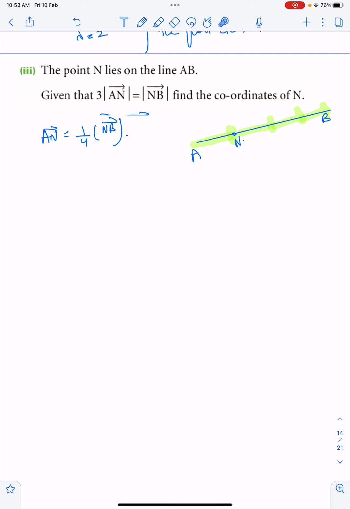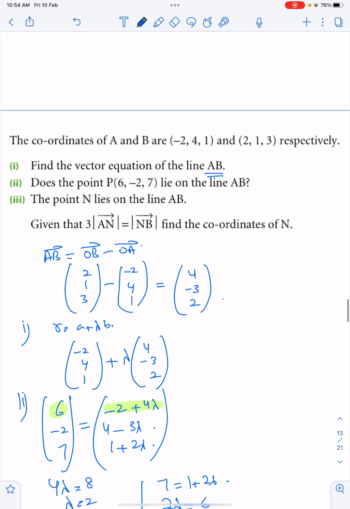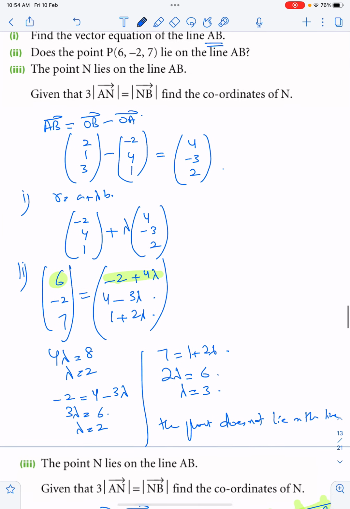Since they're saying find the coordinates of N, first of all, I'm going to find out AN. So AN is 1/4 of AB. I already have AB with me, which is here, 4, minus 3 and 2.